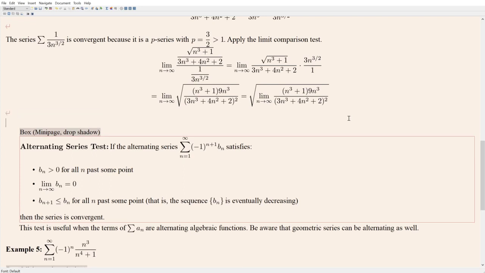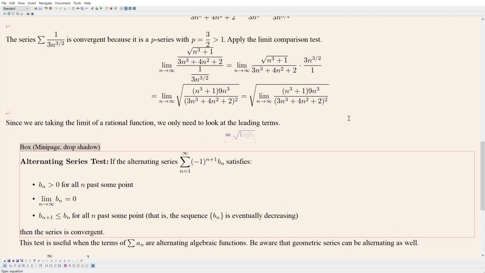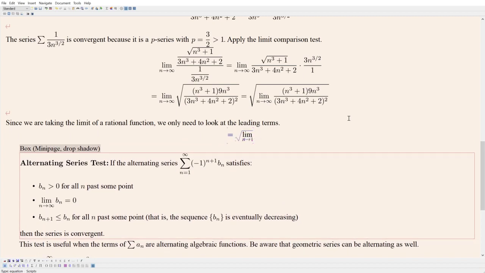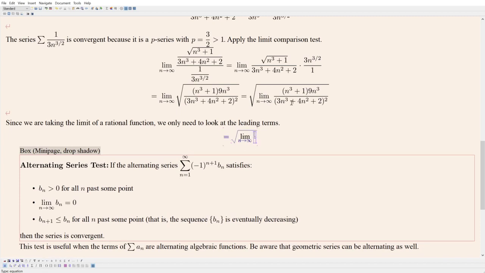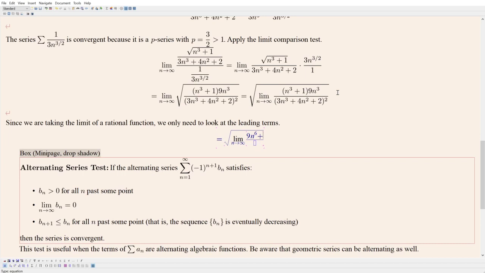So what's the leading term on the top? Well, that's going to be 9n cubed times n cubed. So that's 9n to the 6 plus, who cares?